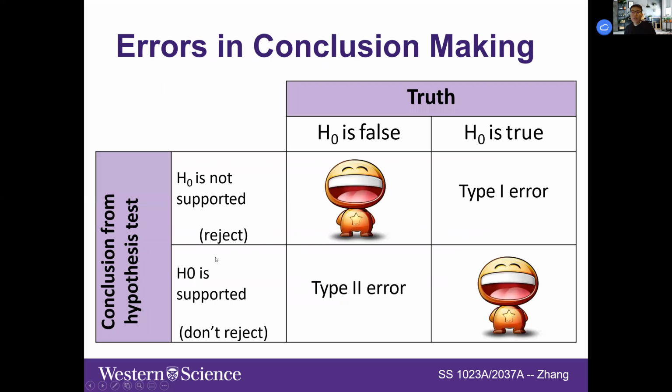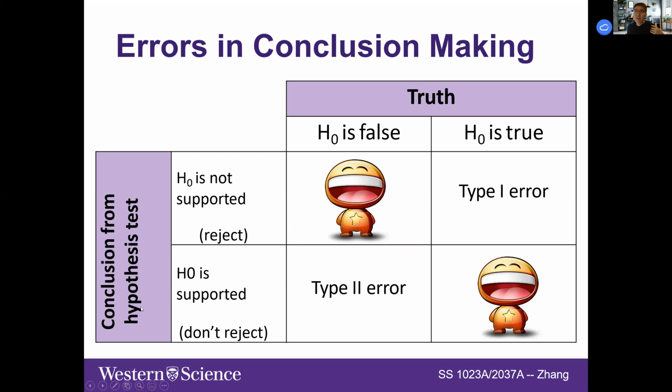So again, because every test could be right or wrong, so does our hypothesis testing. If we draw the confusion table, just like at the beginning of the lecture, we can work out this 2x2 table.